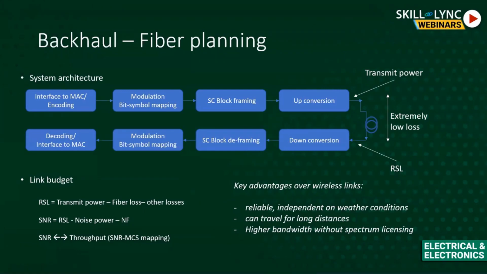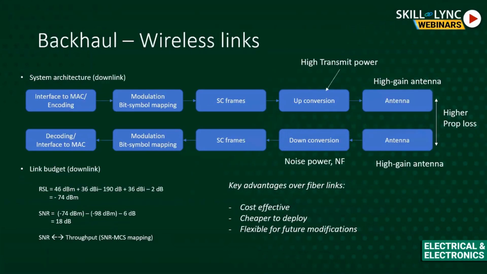Whereas fibers are much more reliable and they can travel much longer distances. And they generally tend to have much higher bandwidth than the wireless medium, because for the wireless medium, we have to purchase spectrum, which is expensive, and that limits us to purchasing a smaller amount of spectrum. But fiber definitely does offer this higher bandwidth opportunity.